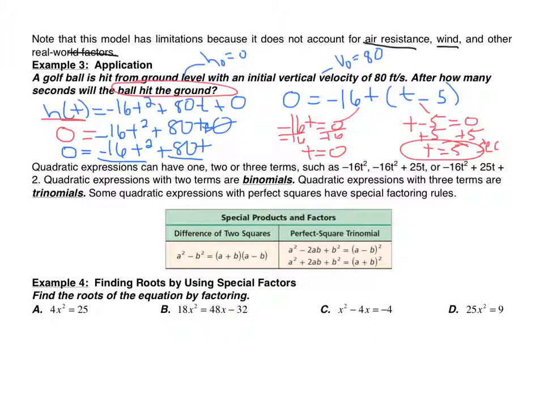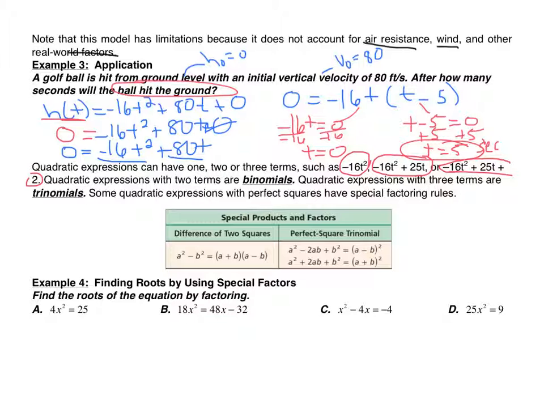Quadratic expressions can have 1 term, which is a monomial. It can have 2 terms, which is a binomial. Or it can have 3 terms, which is a trinomial. Some quadratic expressions have perfect squares, and we have special factoring rules for those.